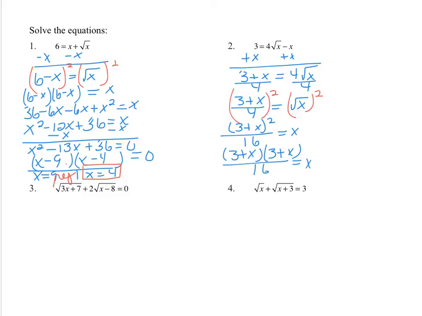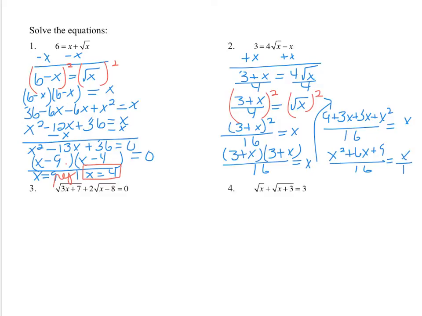I'm running out of room, so I'm going to come up here. I'm going to have to do double distributive property and get 9 plus 3x plus 3x plus x squared over 16 equals x. So I'll end up with x squared plus 6x plus 9 over 16 equals x.